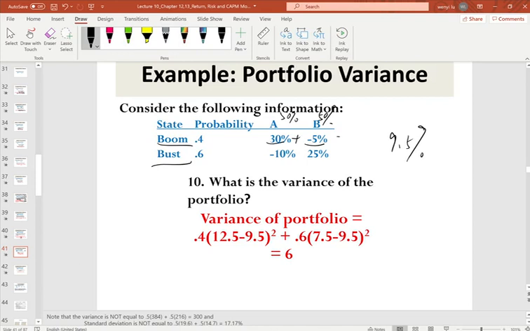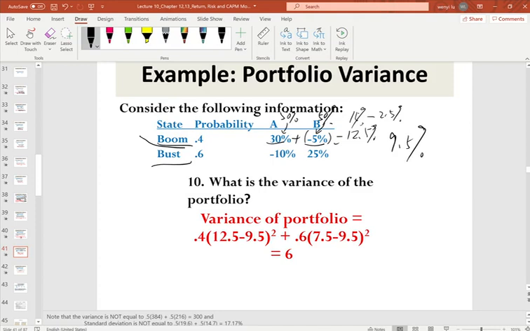So the portfolio return when the economy is booming will be 50% times 30% plus 50% times minus 5%. So we have 15% minus 2.5%, which equals 12.5%. That's the portfolio return.